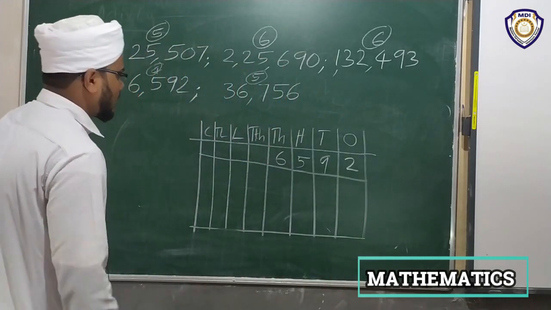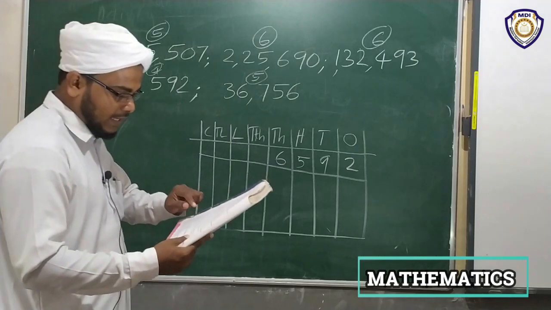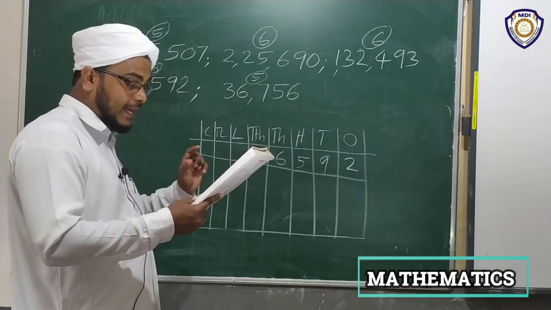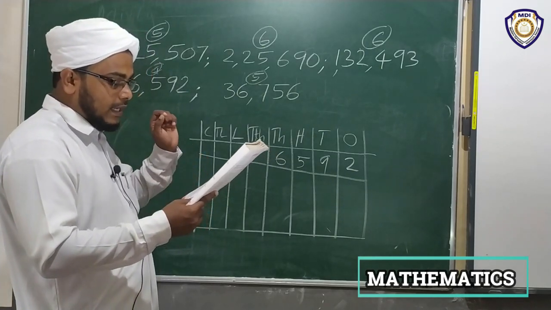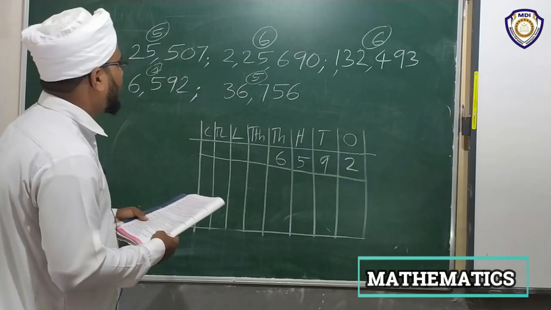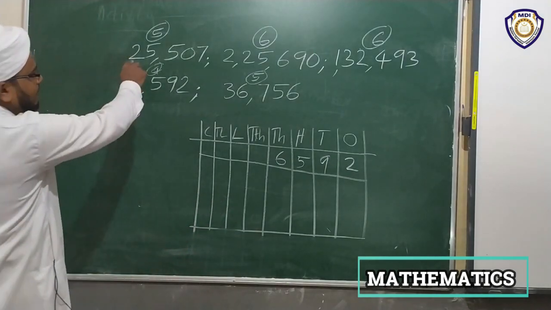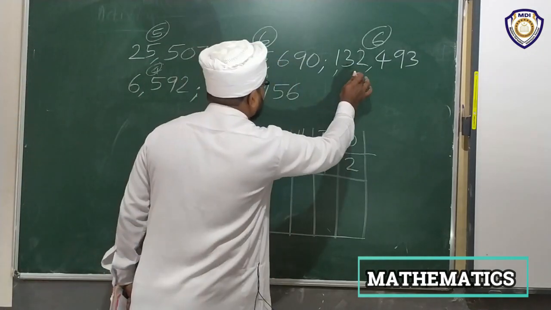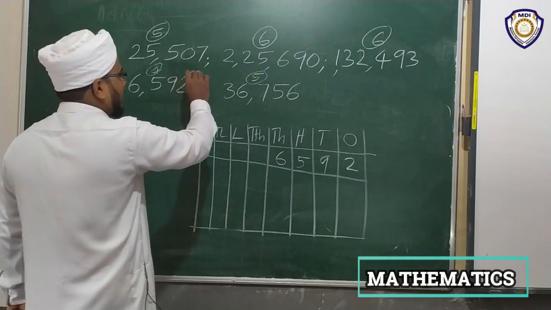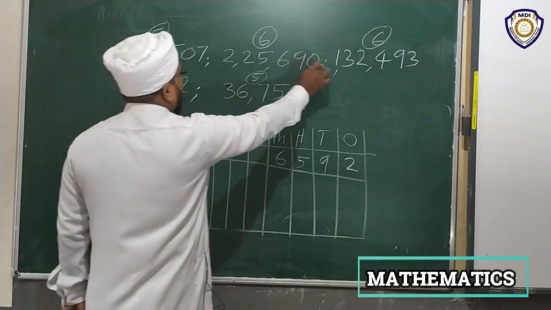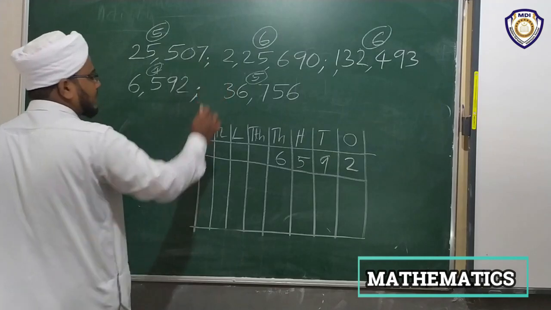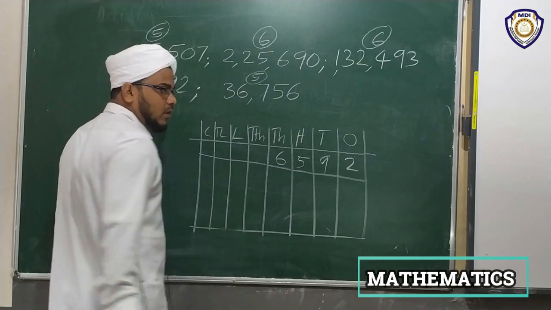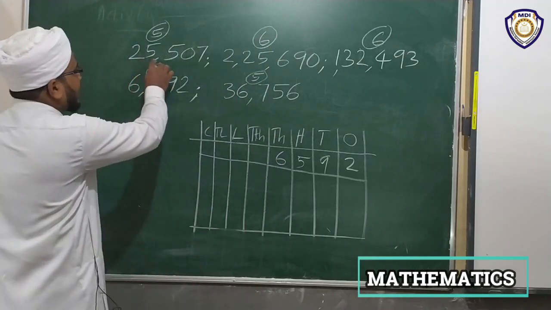Next, the second step: if there are two numbers with the same number of digits, compare them. The smaller number comes before the other. Next numbers: here 5 digits, here 5 digits; here 6 digits, here 6 digits. So we take the 5-digit numbers because they are smaller than the 6-digit ones.